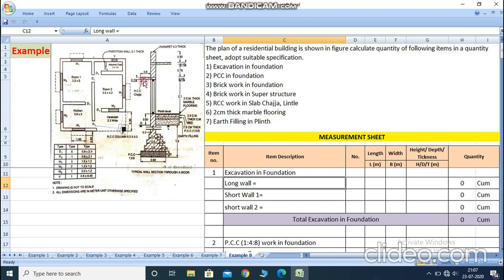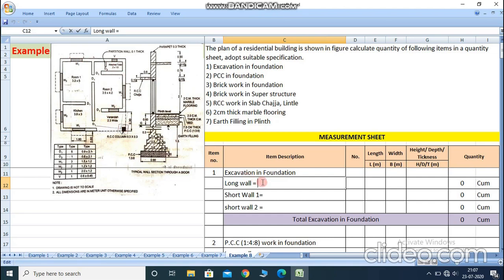First we calculate the long wall length. This wall is considered as the long wall, this wall is considered as short wall 1, and this wall is considered as short wall 2. Clear?